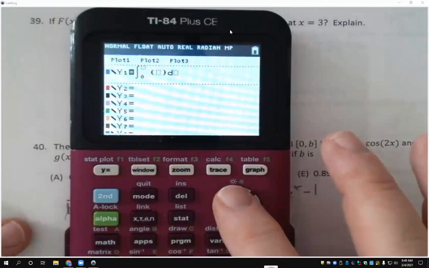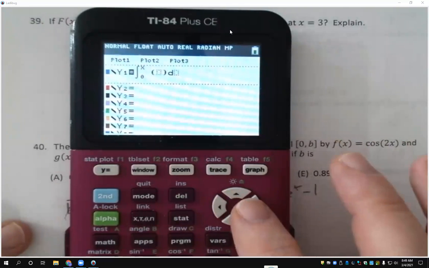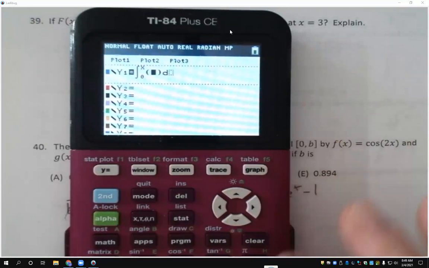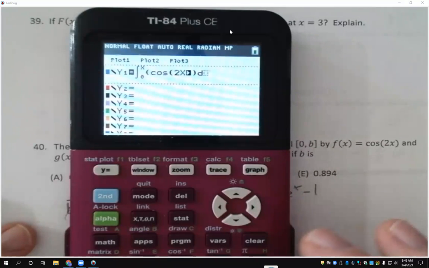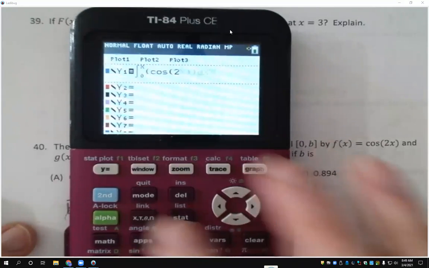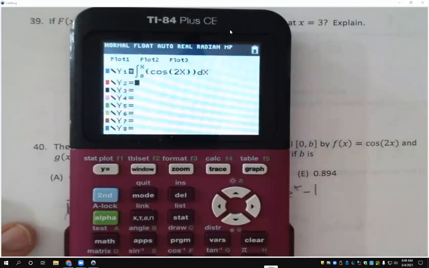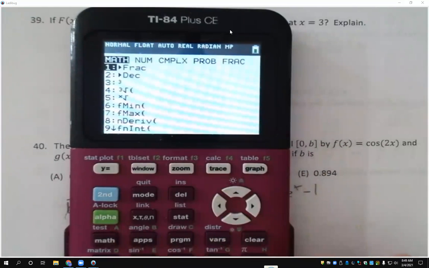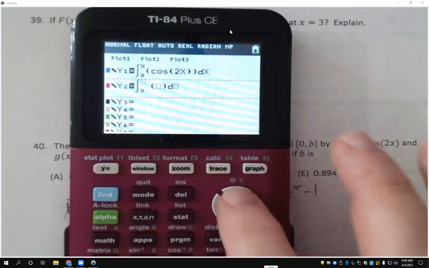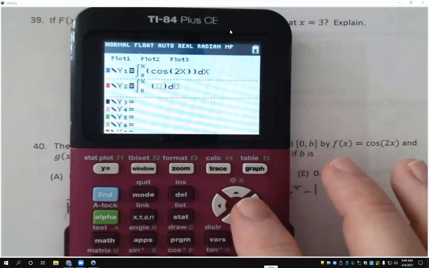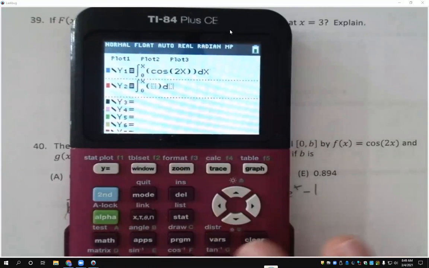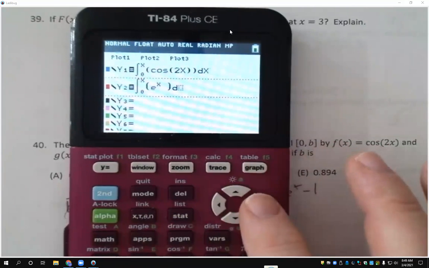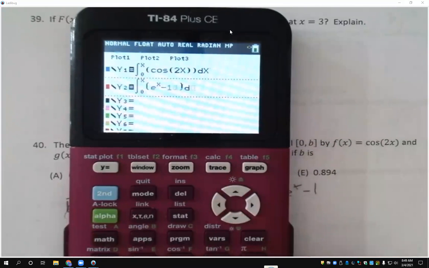It's 0 to x, we don't have a b, and the first function is cosine 2x dx. I'm graphing the second one in y2, which is the integral 0 to x of e to the x, exit out of that exponent, minus 1.